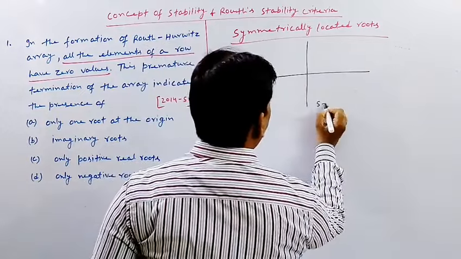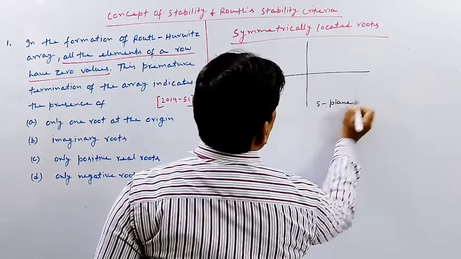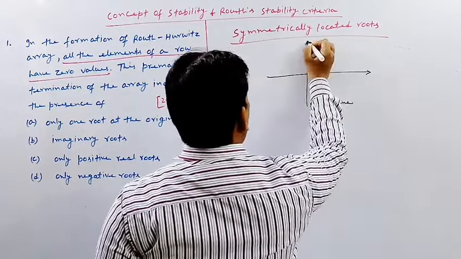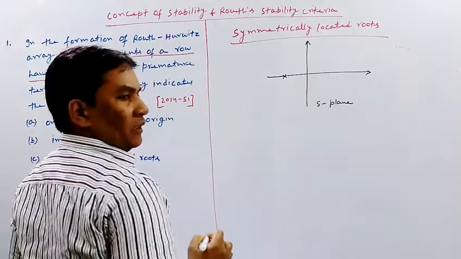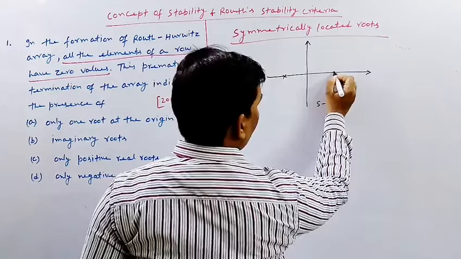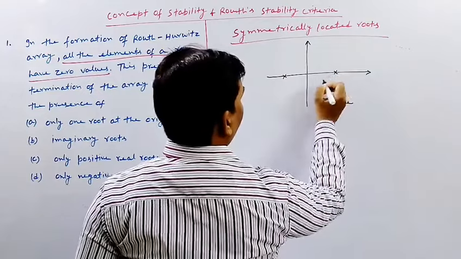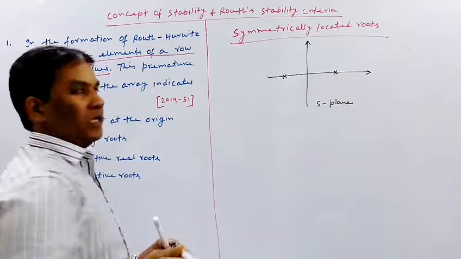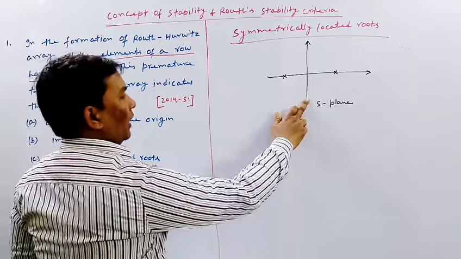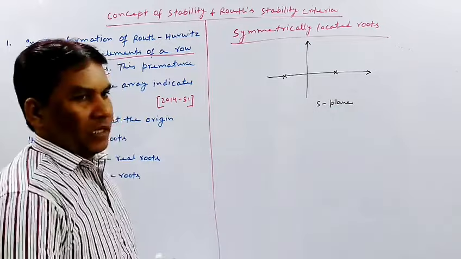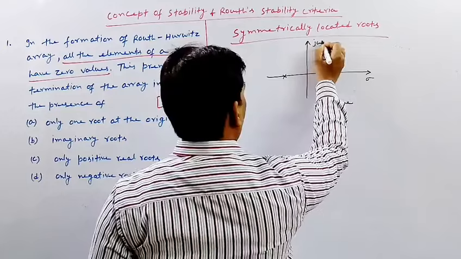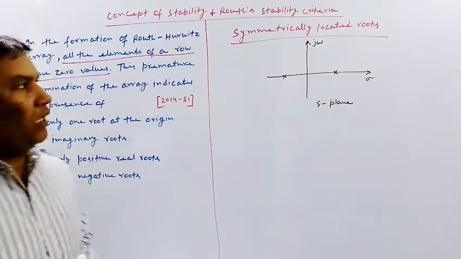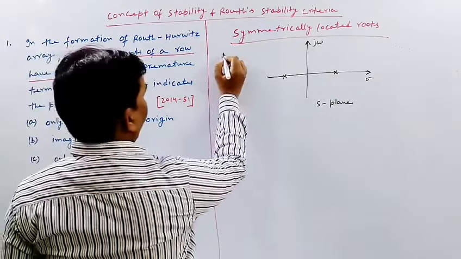This is the S plane. Suppose there is a pole on the negative real axis. Then there must be a mirror image pole on the positive real axis. This is the real axis and this is the imaginary axis. This is the first type of symmetrically located root, type 1.